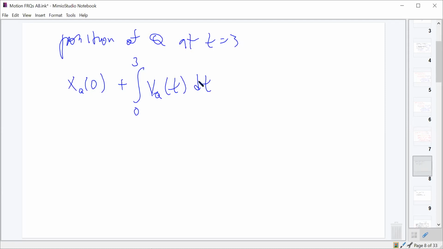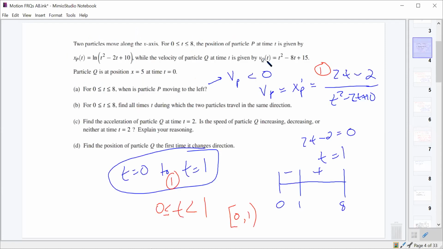Everybody good with that as the setup? Our velocity function was t squared minus 8t plus 15, and our initial position was 5.